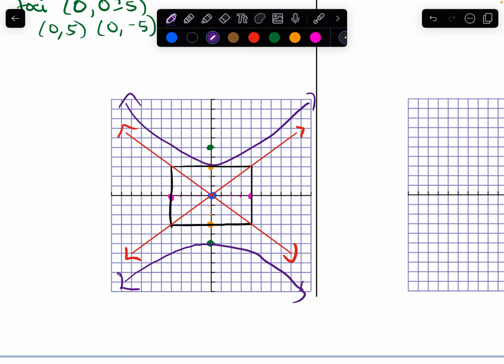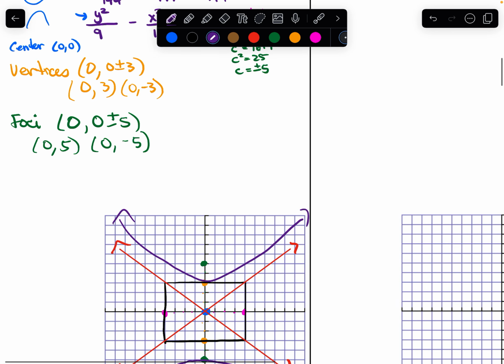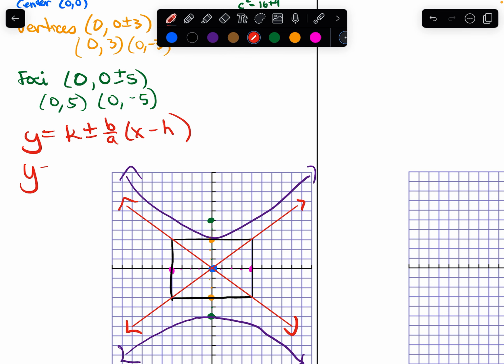Now, up here, I need to write the asymptote. So it's y equals k plus or minus b over a x, and again, that's just the slope of that line. Okay, so I replace the k value, which is 0. I replace the b value, which was 3.